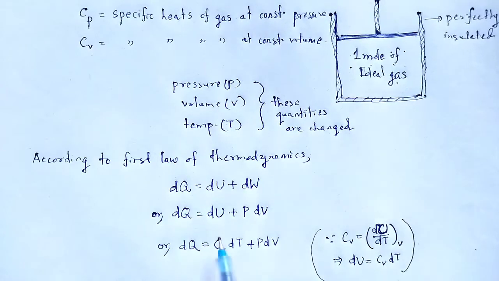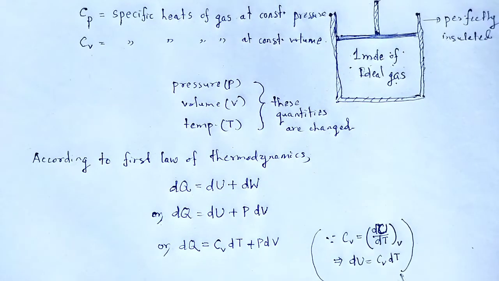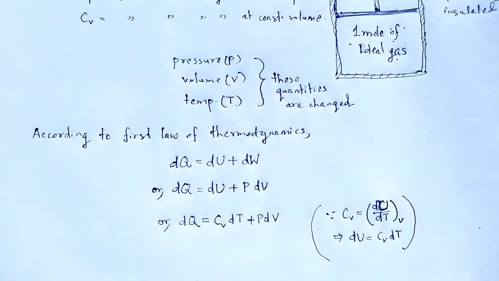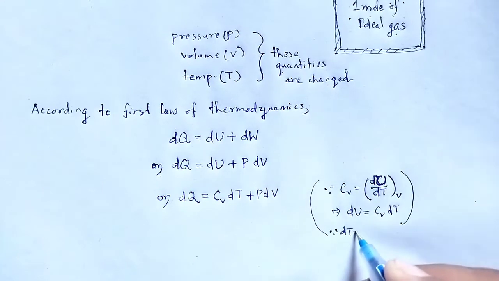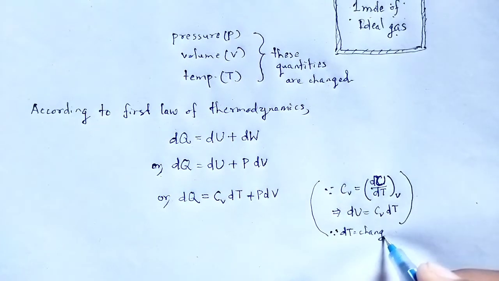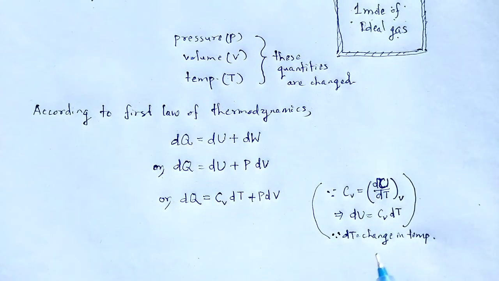So in place of du we can substitute Cv dt, where dt is the change in temperature, so that the equation will be dq is equal to Cv dt plus pdv.